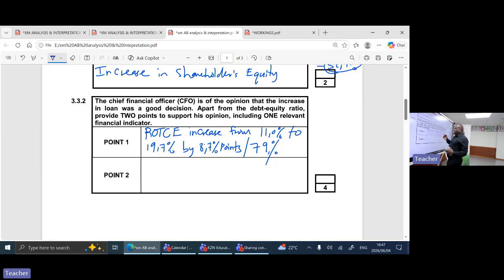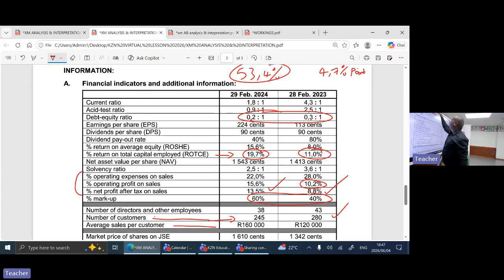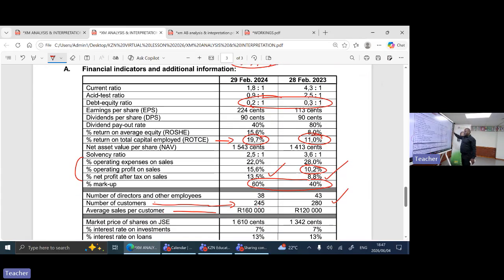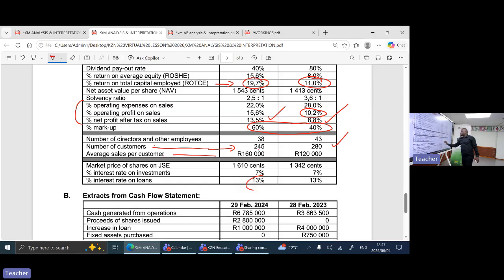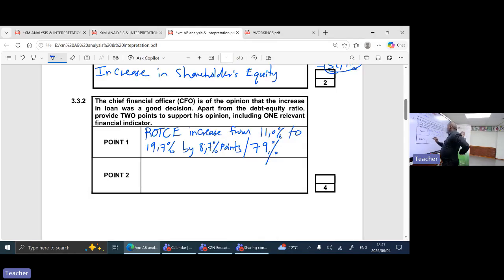The next point is where we're going to compare ROTE with the interest on loan, so that you can mention negative gearing or positive gearing. How much was the rate on loan? It was 13%. Okay. All right.